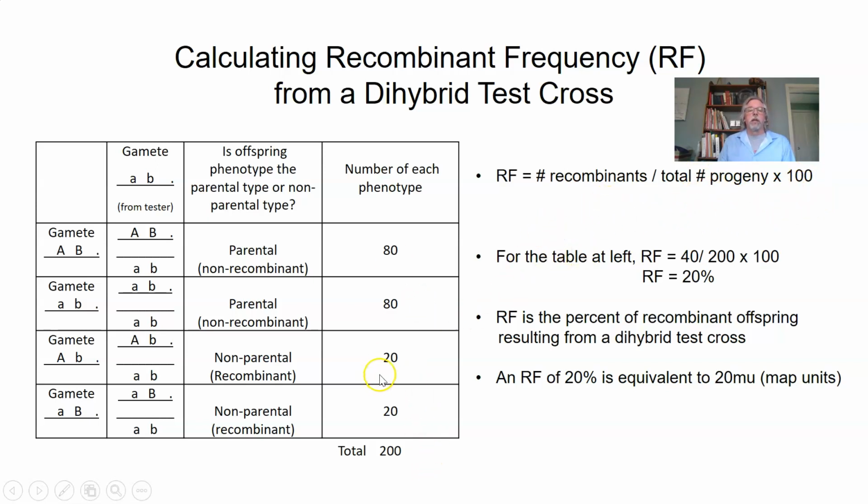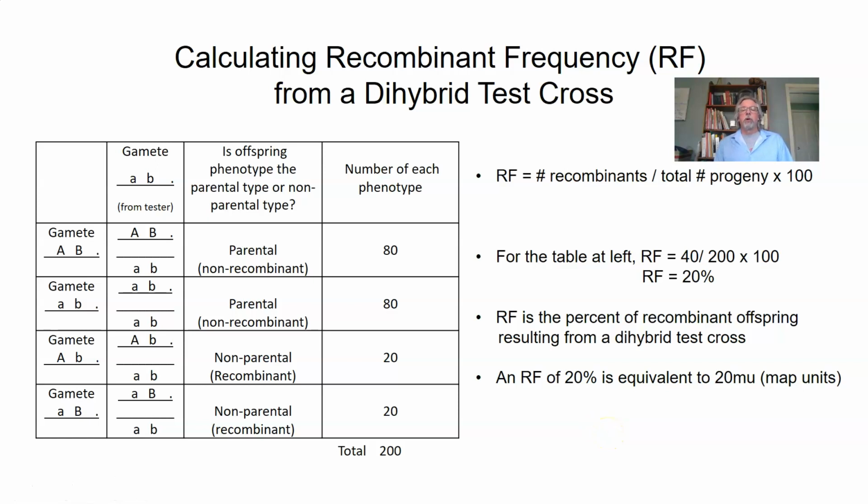So for this particular case, total number of recombinants, 40, total number of offspring, 200, times 100 gives you a recombinant frequency of 20%. The recombinant frequency is the percent of recombinant offspring resulting from this dihybrid test cross.